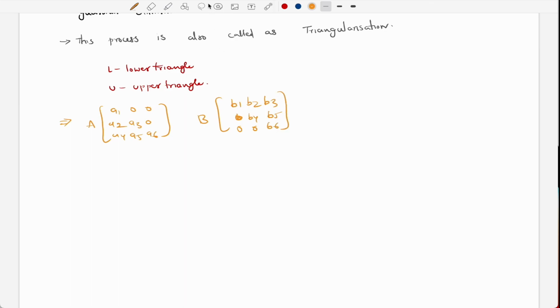You can understand that this is the lower triangle and this is the upper triangle.